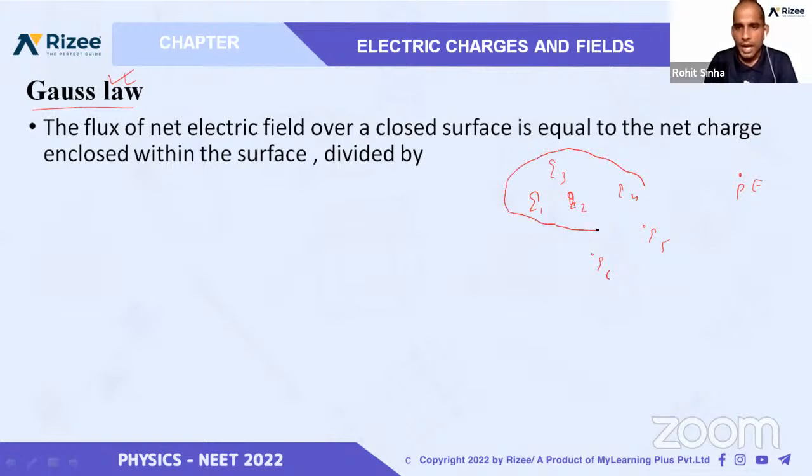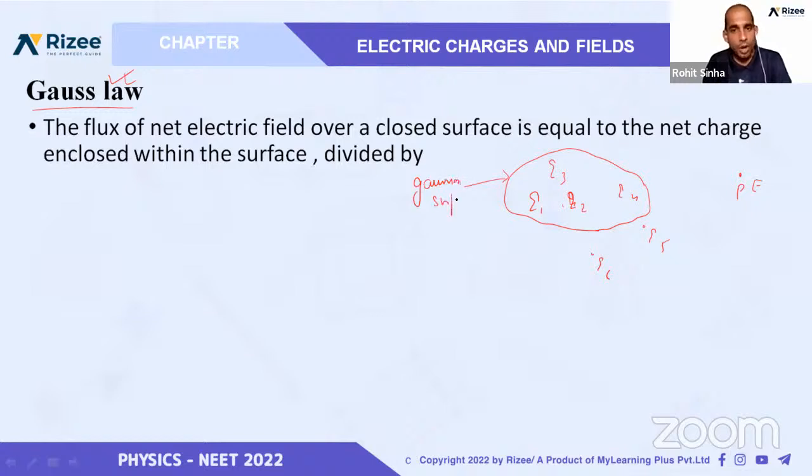How much charge you enclose depends upon your calculation, whatever makes your calculation easier. For my calculation, I am taking 4 charges under my surface, and this surface is called a Gaussian surface.